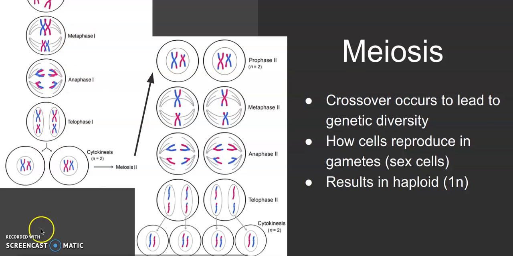And you end up with these sex cells, which are haploid, meaning that they have half the number of chromosomes as normal cells. And so then two of these nice little sex cells combine in order to make an embryo. And so that's how people end up back with the same number of chromosomes that their parents had.